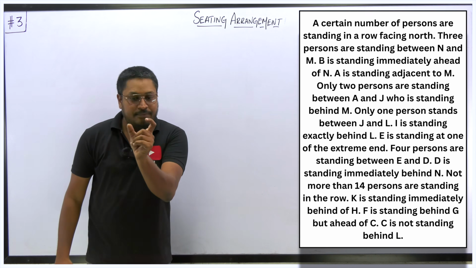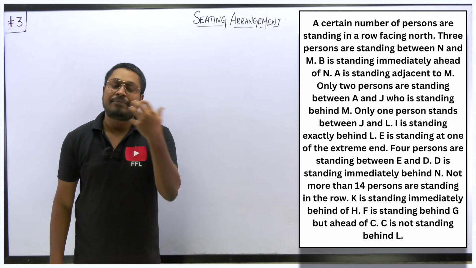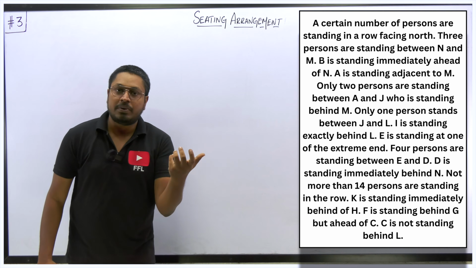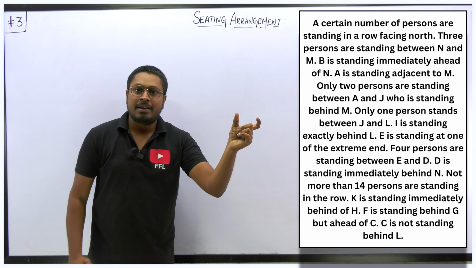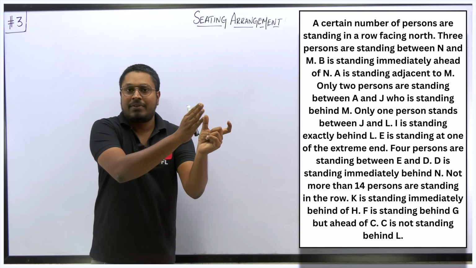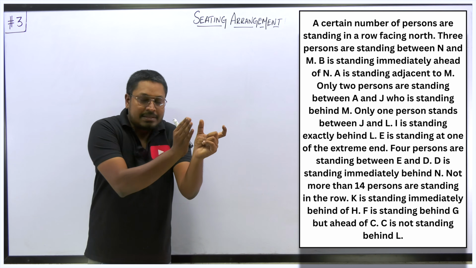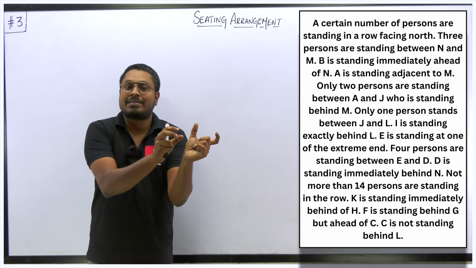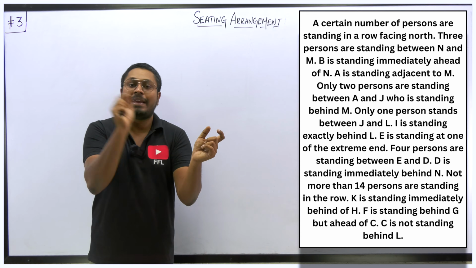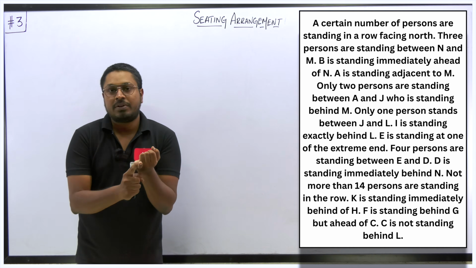Why? If, for example, Q is sitting at the left end of the row, the extreme end of the row, then definitely you can't draw any possible diagram beyond Q. Only from this Q, you should draw the possible diagram to the right of Q. So from this area where you can fix the arrangement, you can work out how many persons can be seated in a row. So these are the important points: extreme end of the row.